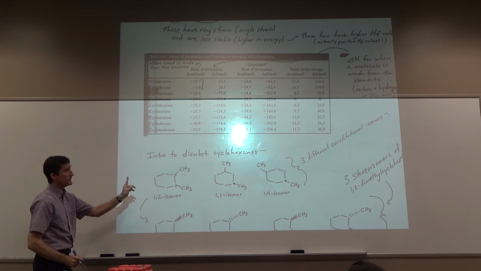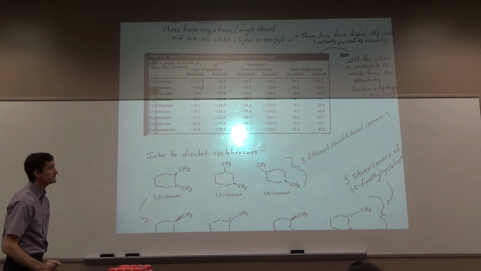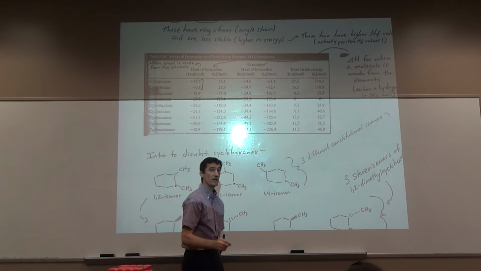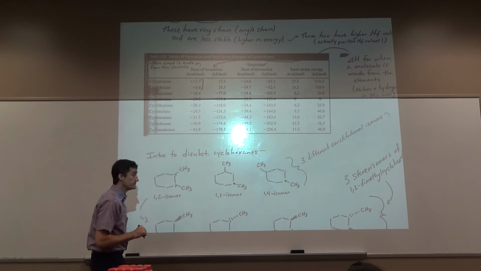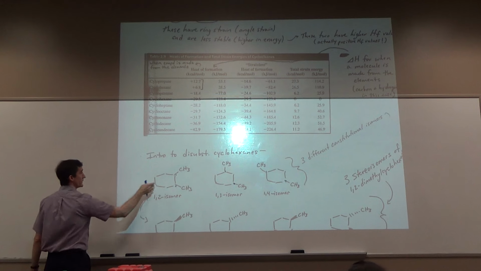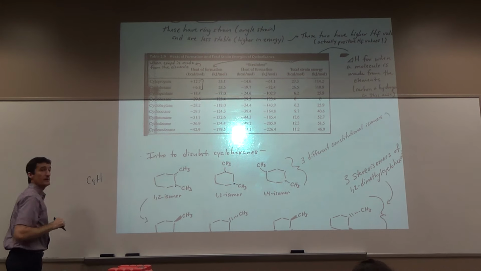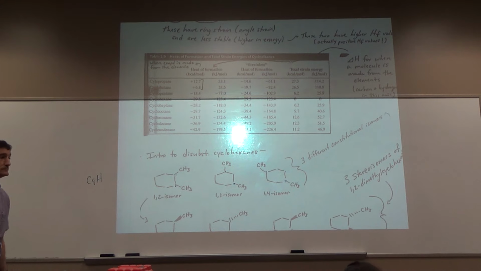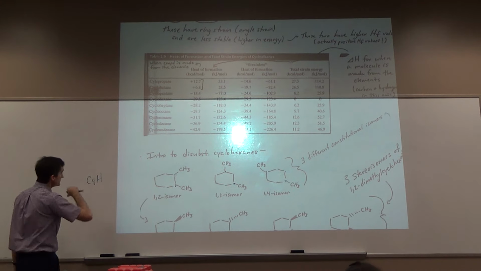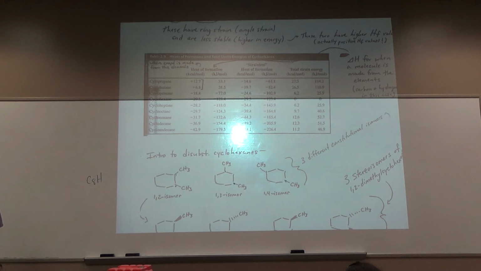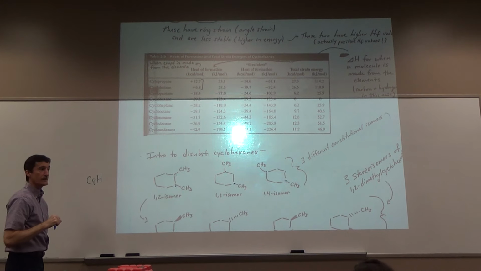What's the relationship between these three compounds? They all should have the same formula, right? What's the formula real quick? 6, 7, 8, that's C8. How many H's? Not 18, not 14.